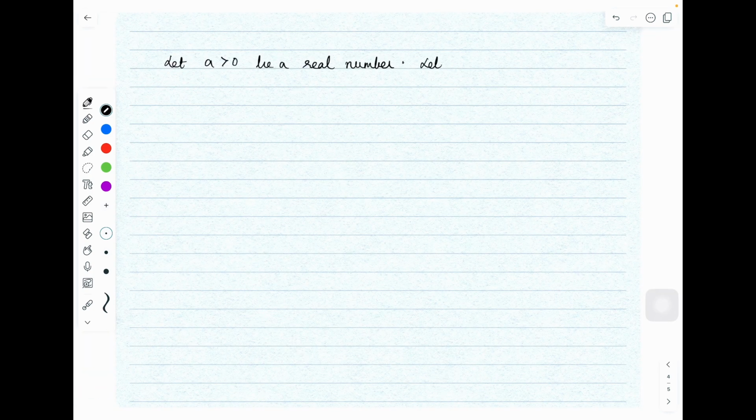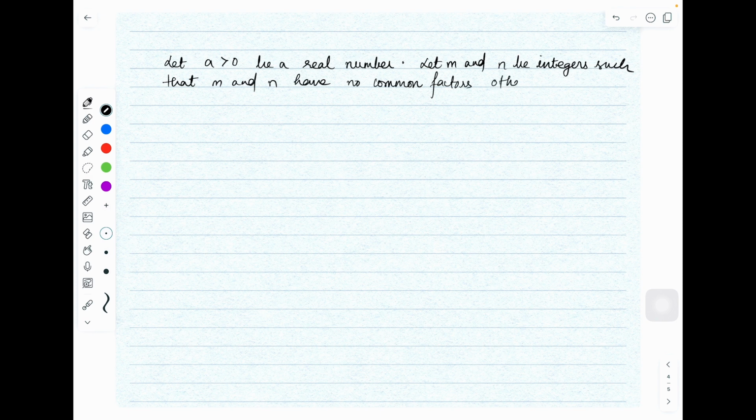We are writing: let m and n be integers such that m and n have no common factors other than 1, and n is greater than 0.